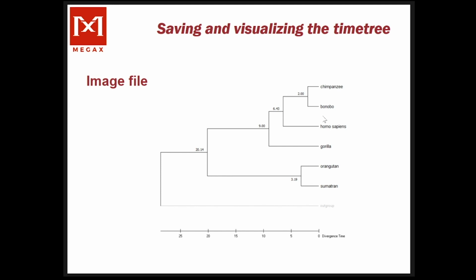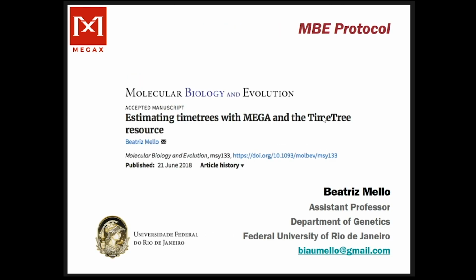This is very useful because MEGA provides you an image file and also the figure legend, so that you can use them in your publication or in your thesis, and everything comes very easy, and it's very easy to arrange the figures and put everything together in your presentation or wherever you want to.